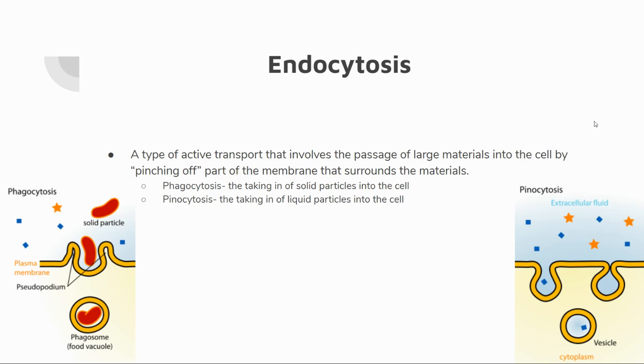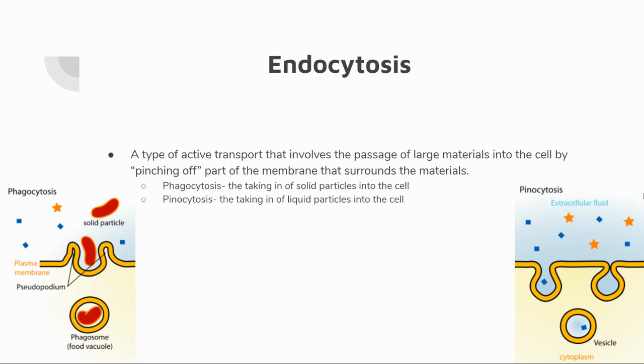All right, last two slides will be endocytosis and exocytosis. So endocytosis is a type of active transport that involves the passage of large materials into the cell by pinching off part of the membrane that surrounds the materials. Phagocytosis is when it takes in solid particles in this process, and pinocytosis is when it takes in liquid particles using this process.